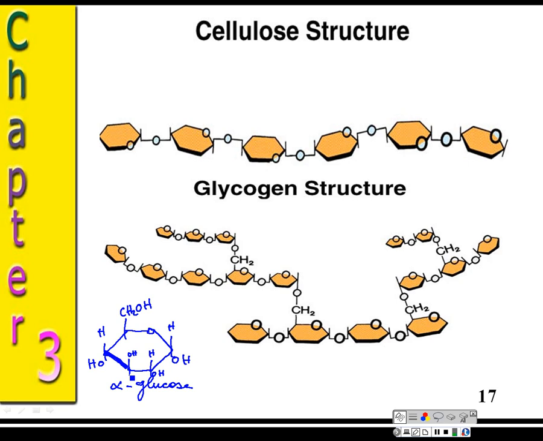Plants make beta glucose. They still have a hole in the O, but they're doing it up high, okay? They're not doing it down low. They're doing it up high, so everybody can see it, okay?